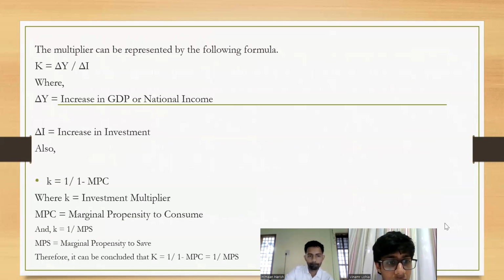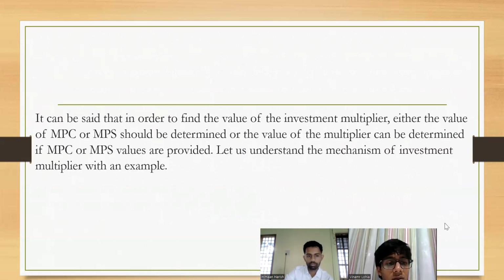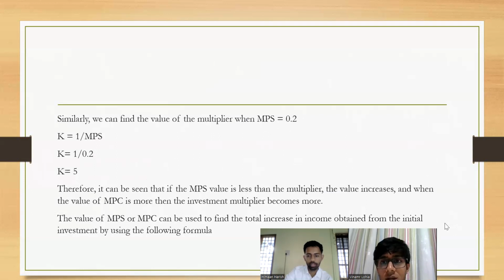Yeah. It can also be K equal to 1 by 1 minus MPC, marginal propensity to consume, or K equal to 1 by MPS, marginal propensity to save. And when MPS is 0.2, K is equal to 1 by 0.2, K is equal to 5.